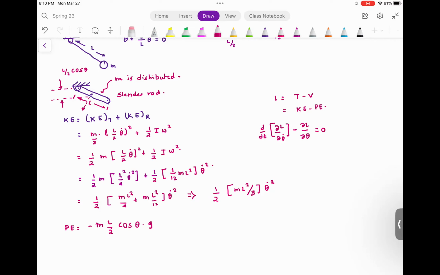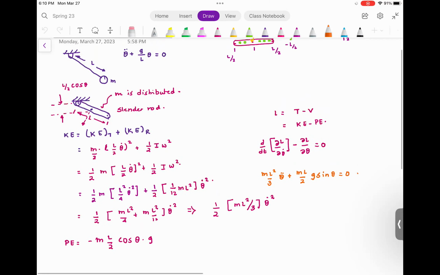And once you work this math out, you will realize the equation is going to become m L square by 3 theta double dot plus m g L by 2 sin theta is equal to 0. Yeah, so this is the equation that you get.